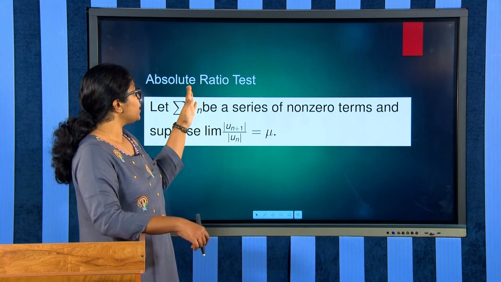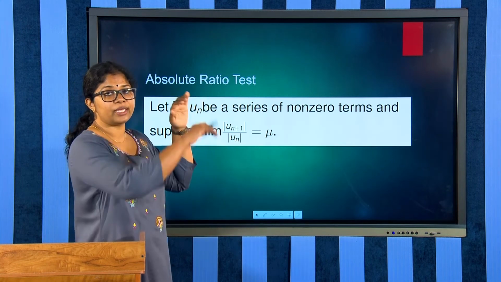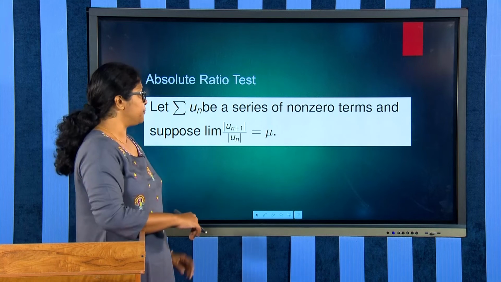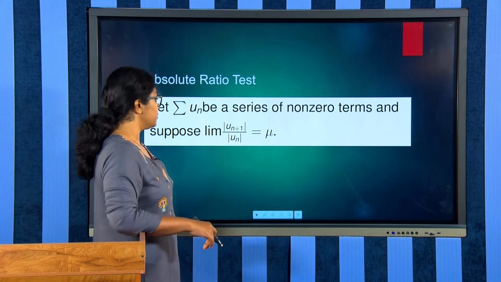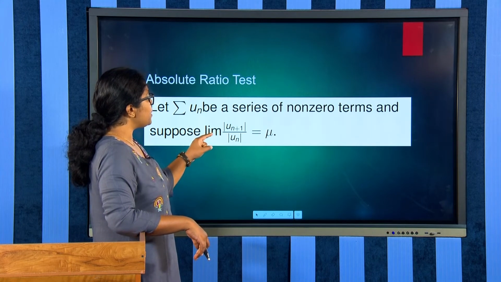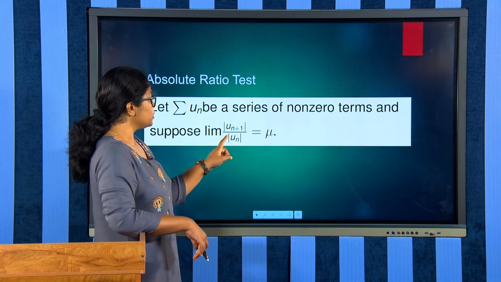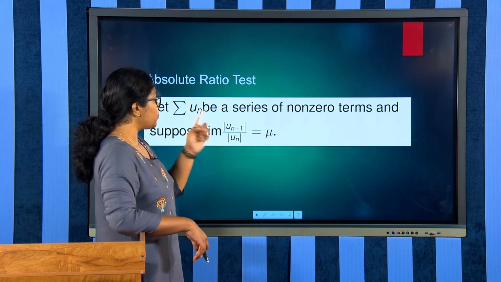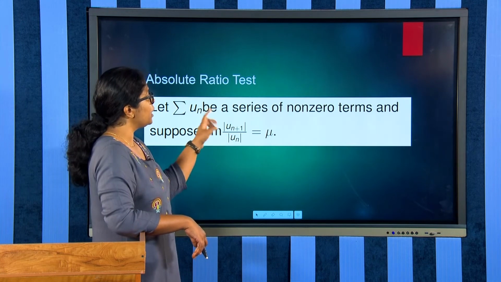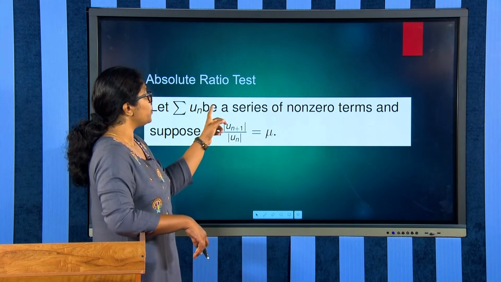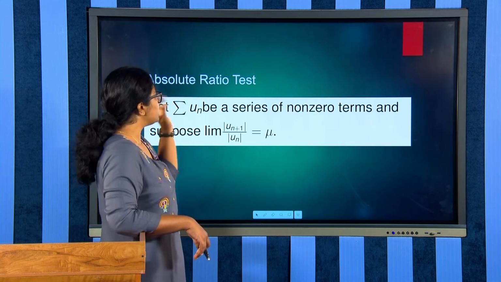So, for absolute convergence as well as absolute ratio test, you need to take Un to be the term with the sign. So, let summation Un be a series of non-zero terms, why non-zero? Because we need to take the ratio here. When Un is equal to 0, this ratio won't exist.